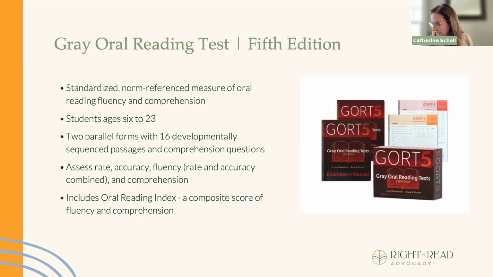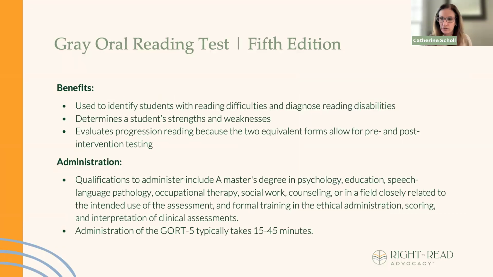This is a great, appropriate assessment for students who you suspect have reading and writing disabilities. It also includes the oral reading index, which is the composite of those scores that we can compare to students their age. The benefits: it's great to identify students with reading difficulties and diagnose reading disabilities.